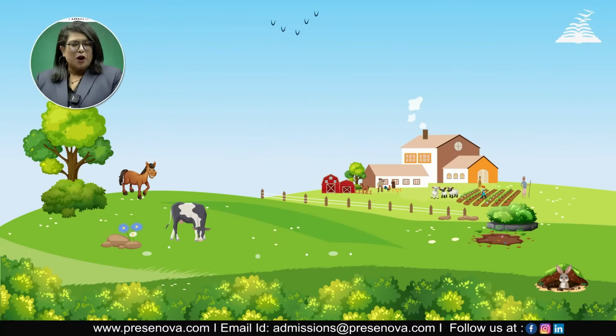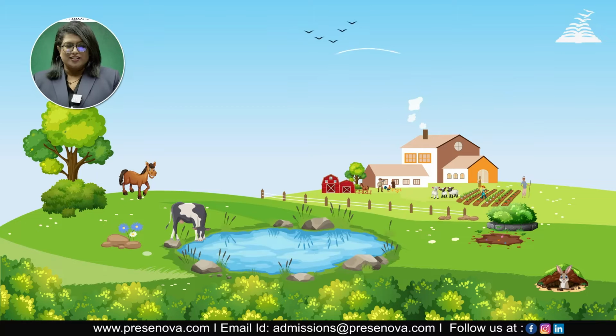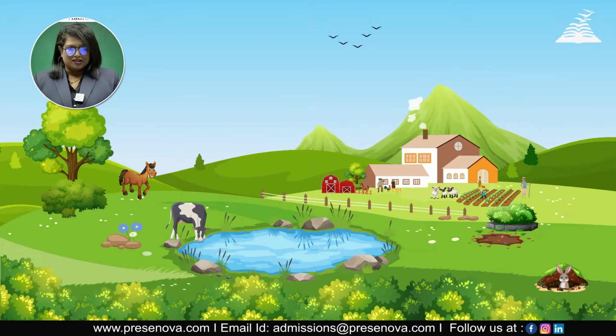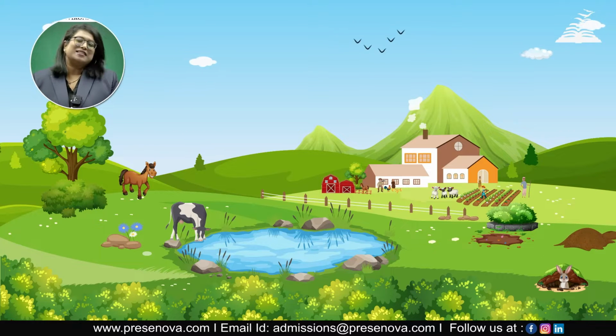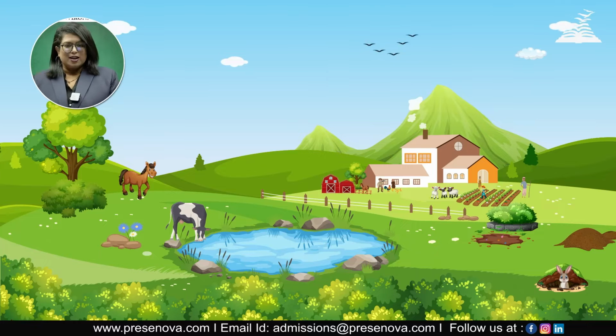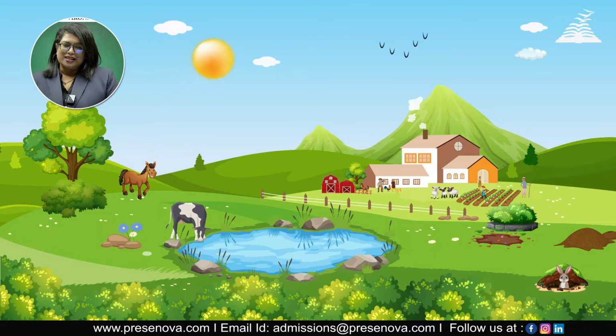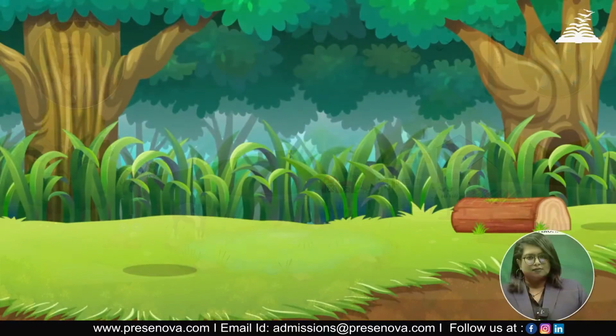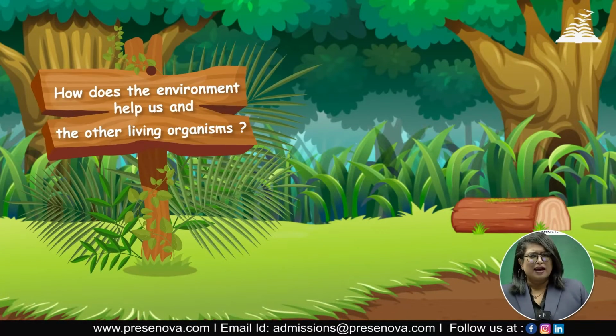The abiotic components of the environment include air, water, land, mountains, clouds, soil, and certain physical factors such as sunlight, temperature, and humidity.